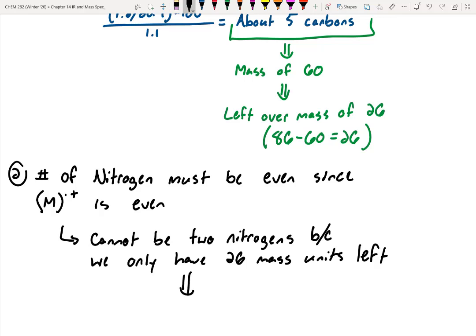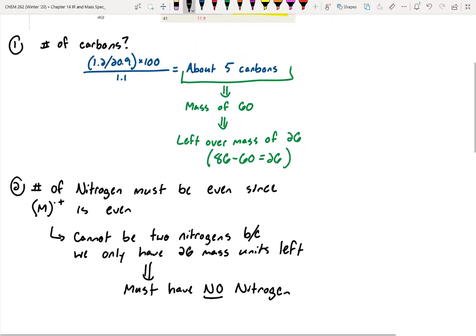Therefore, we must have no nitrogens. All right, so that makes sense. So we've already figured out the number of carbons. We've already figured out the number of nitrogens has to be 0.